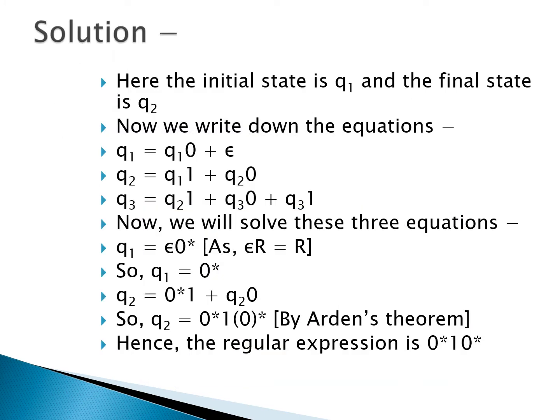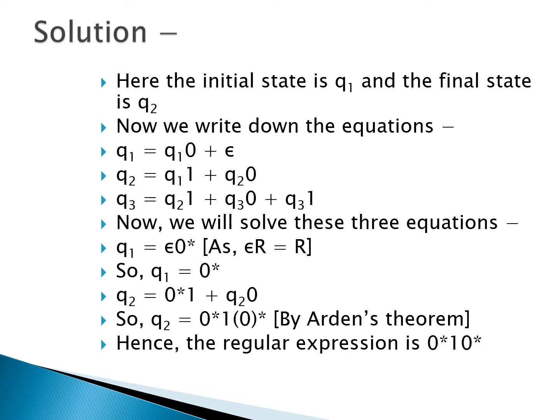Now, let us apply Arden's theorem on these equations. As I said earlier, an equation of the form R equals Q plus RP is converted into R equals QP star form. So Q1 is the equation of R equals Q plus RP form, where R is Q1, Q is epsilon, and P is 0. Applying this, Q1 becomes Q1 equals epsilon 0 star.